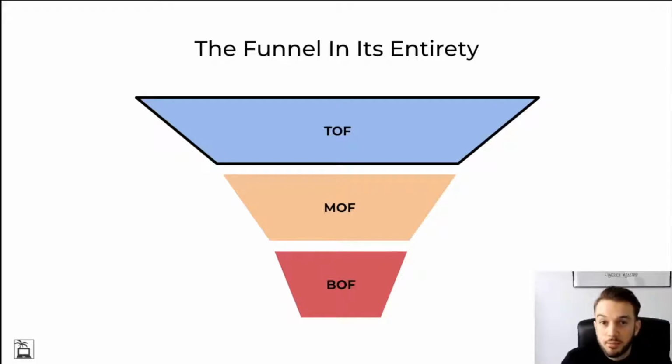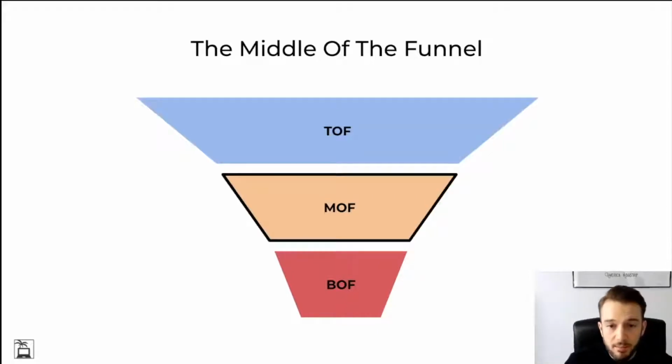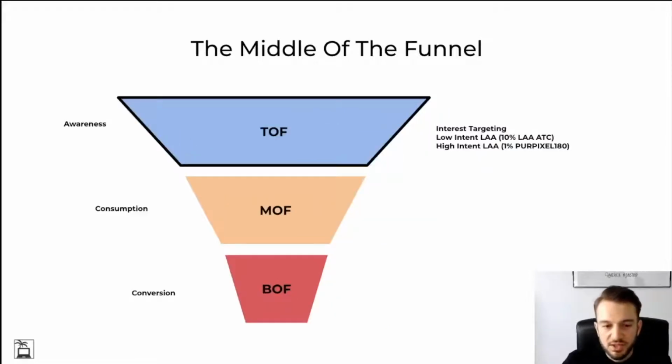So if they, for example, add to cart, or if they initiate checkout, but they don't make the purchase, of course, then we retarget them with the bottom of the funnel, which is a catalog sales campaign. And again, if you want to know more about this, I do need to refer you onto the coaching program. But for now, like I said, top of funnel is cold. The middle of funnel is retargeting lukewarm people that have already heard of the brand, and then with the bottom of the funnel, we basically try and get them to convert.